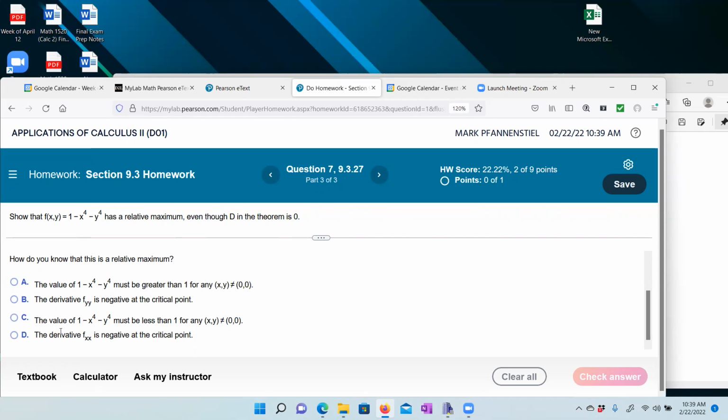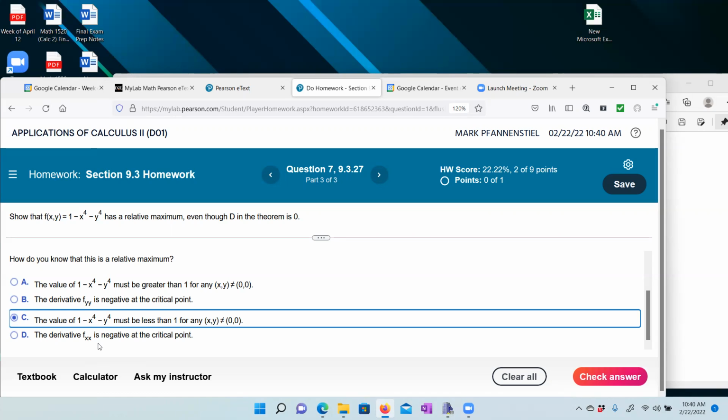So how do I know this is a relative maximum? The value of 1 minus x to the 4th minus y to the 4th must be less than 1 for anything you pick. Fourth powers are positive, and 1 minus a positive number is smaller than 1. The best you're going to get is 1 minus 0, which is 1. Anything else is going to be a little bit bigger than 0, so 1 minus that is going to be a smaller number than 1.